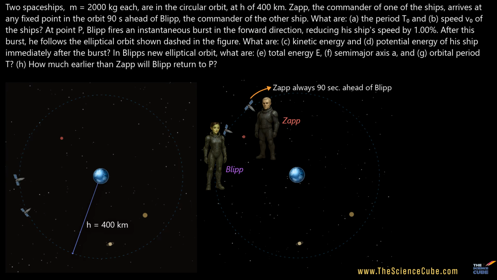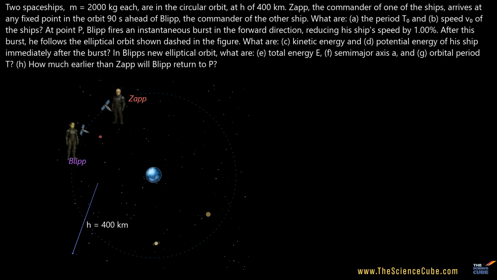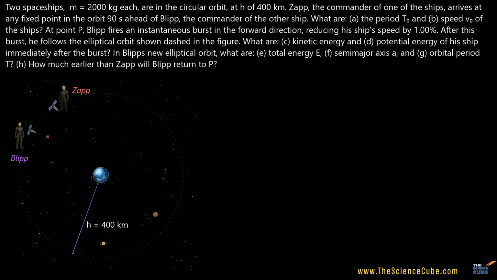So the first question is to find the period T0 of the spaceships. Now we know that the time period of both the spaceships must be identical, since their orbital radii are the same. Also, their orbital velocities are equal, because for any given orbit, there is precisely one specific orbital speed at which a satellite can remain in stable circular motion.